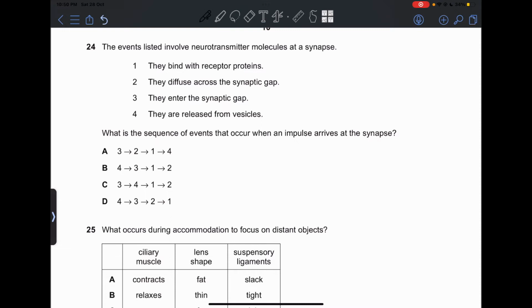So C and A are not correct answers because they don't begin with number 4. After that, they enter the synaptic gap, and from there they will diffuse across the synaptic gap so that they can bind with the receptor proteins. So our answer is going to be D because this is the sequence of correct events.